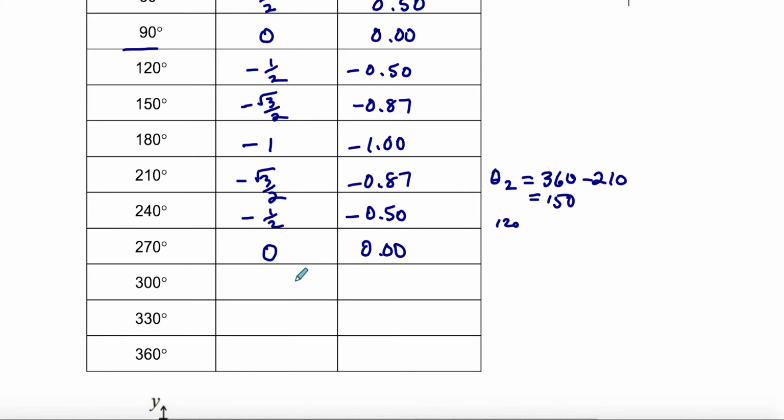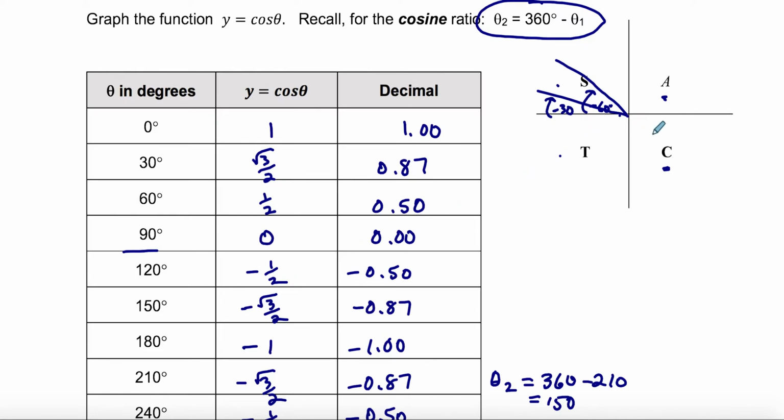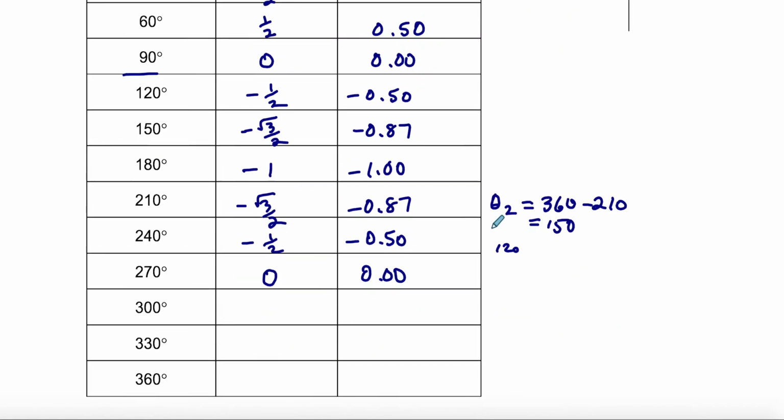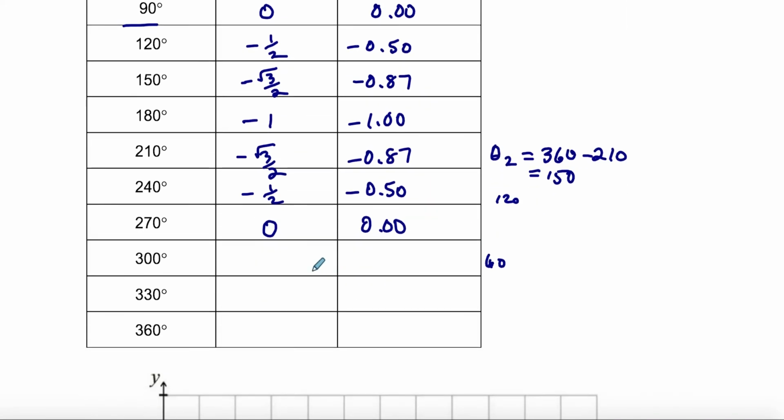300, if I do 360 minus 300, I get 60. So we have an associated angle here. 300 degrees is going to be over in this quadrant. Cosine's positive here. So if I look at 60 degrees up here, that's a half. So I have 1/2, or 0.50 on your calculator. 330, 360 minus 330 is 30.